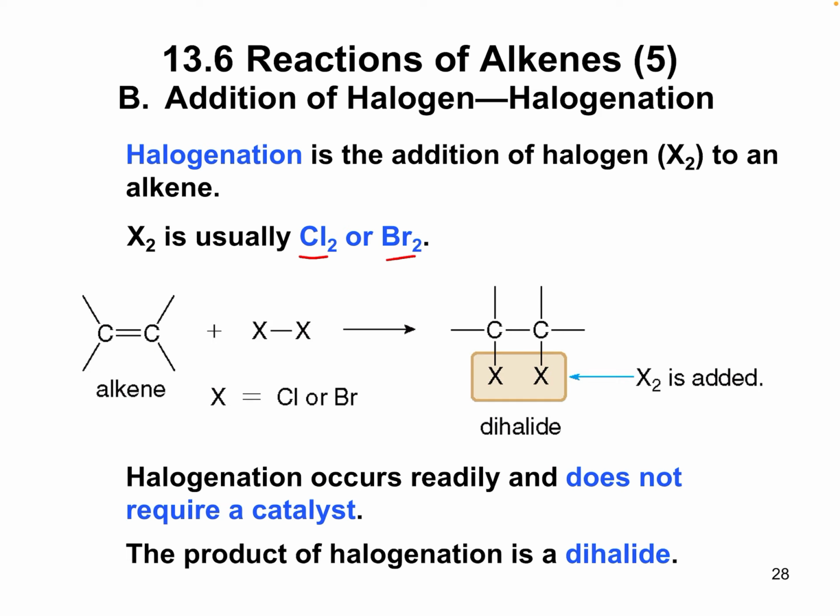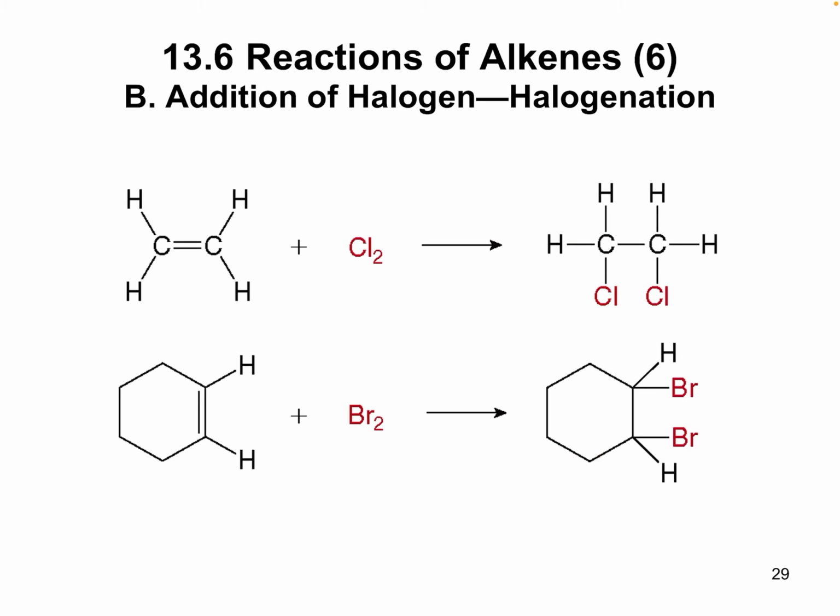So if we add Cl2 or Br2 to an alkene, we end up adding a chlorine atom to each one of those carbons, or a bromine atom, depending on which one of the two we add, all right? So this halogenation reaction occurs very easily. We don't need a catalyst like we do for adding H2 across the double bond. And the product, we call it a dihalide because we've added two halogen atoms where the carbon-carbon double bond was.